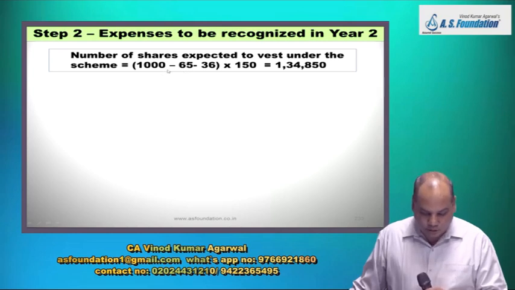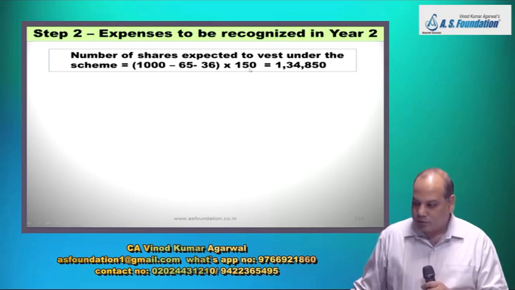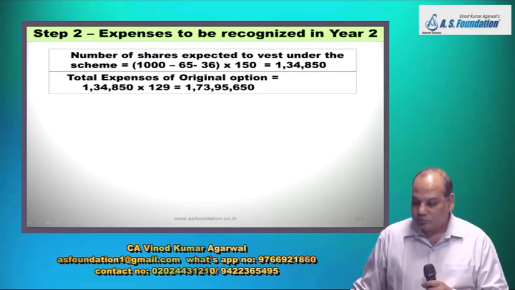Now, how many employees are there? 1000. How many left? 35 and 30, that is 65. How many expected to leave? 36. And into 150, that is 134,850.